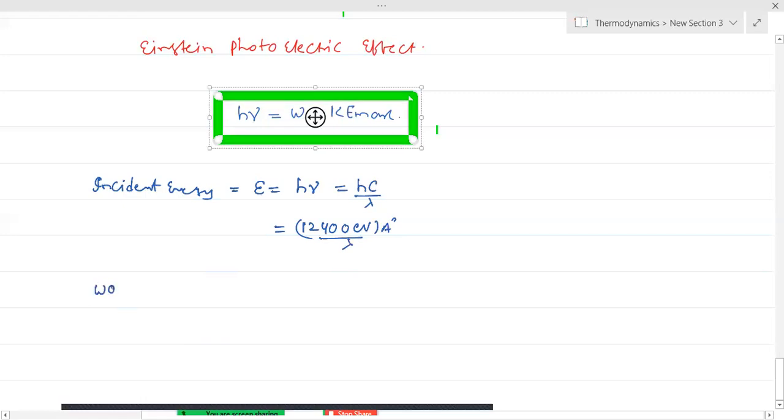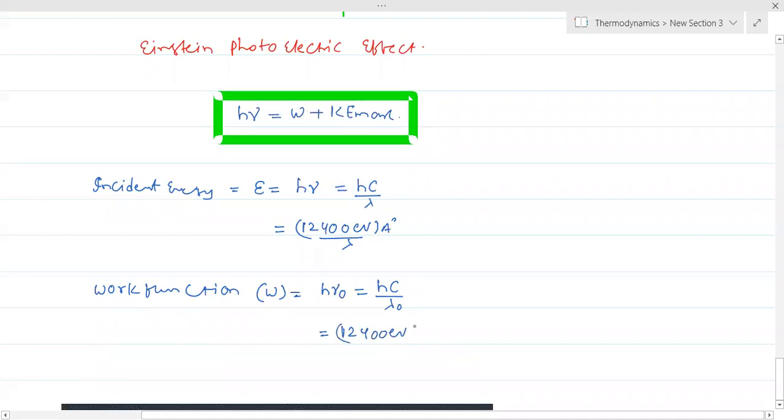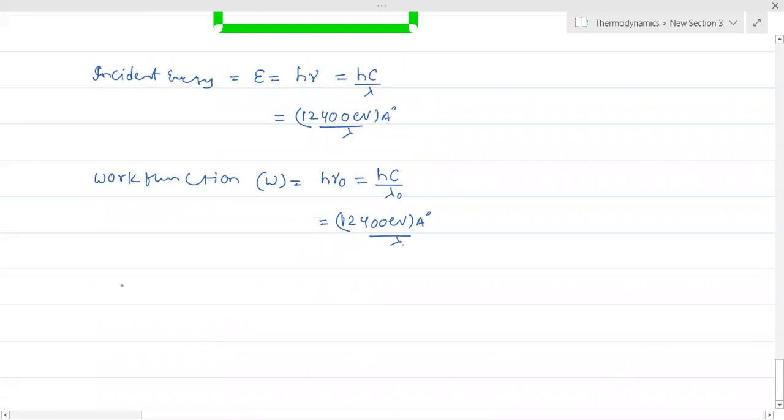Next I am thinking of work function W, which we may write as h nu naught, when the answer is in terms of nu naught. We will write it in the form of hc by lambda naught, or else 12,400 electron volt angstroms by lambda naught.